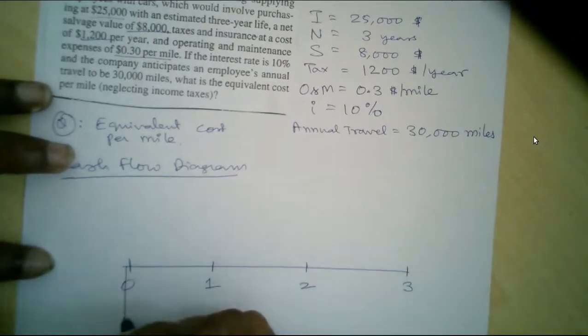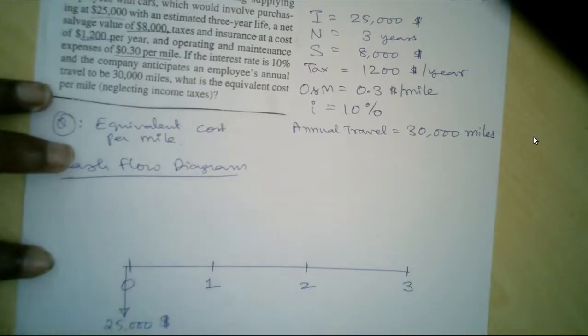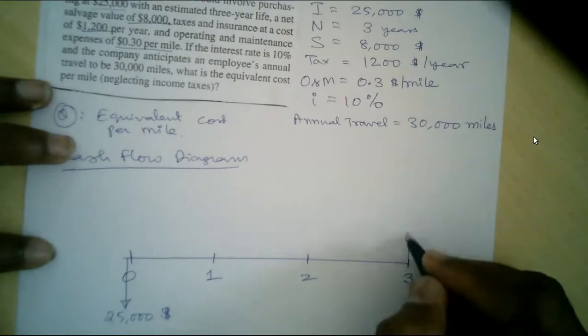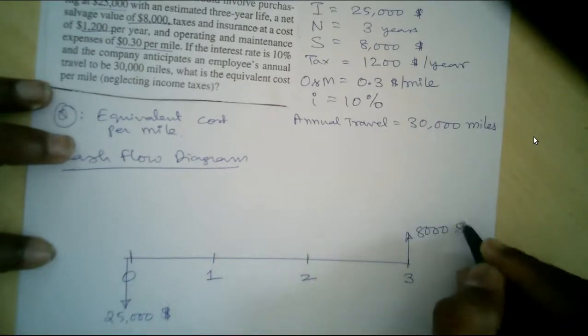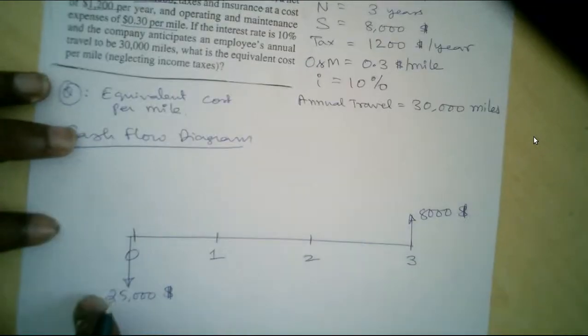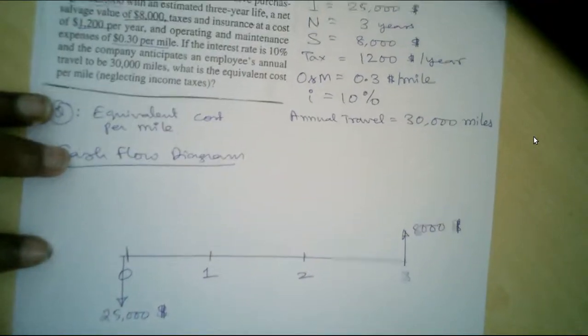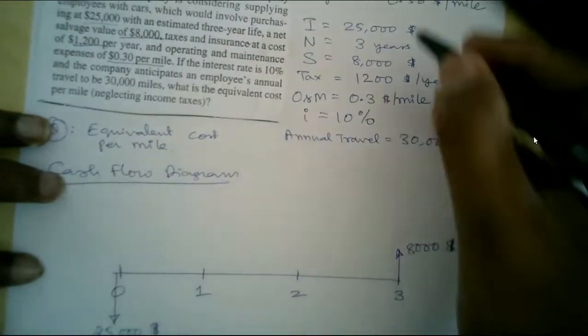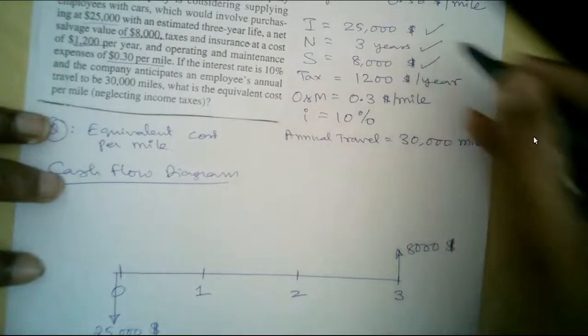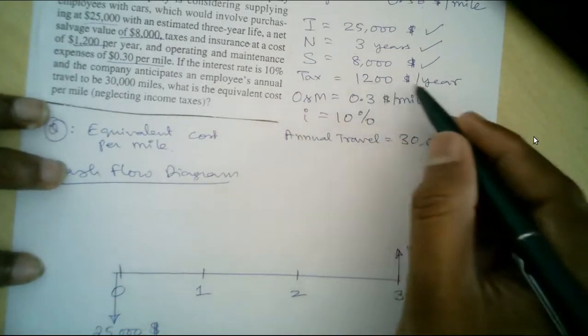So the initial investment is $25,000 and the salvage value is $8,000. So I got the salvage value and initial investment. This one is done and this one is done. 3 years I've taken. Now tax is $1,200 per year.